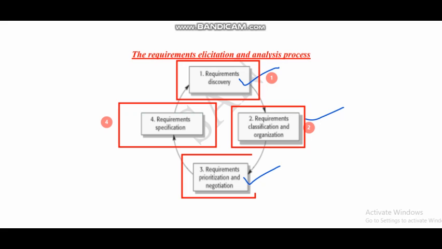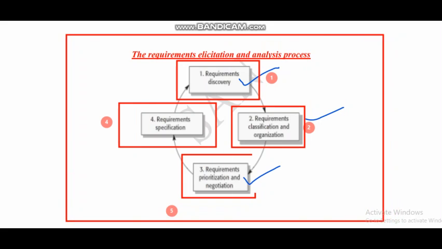So this is the main block diagram which you need to draw when it comes to the requirement elicitation and analysis process. Now let us see the detailed explanation, what explanation you need to include in your examination when a question is asked.